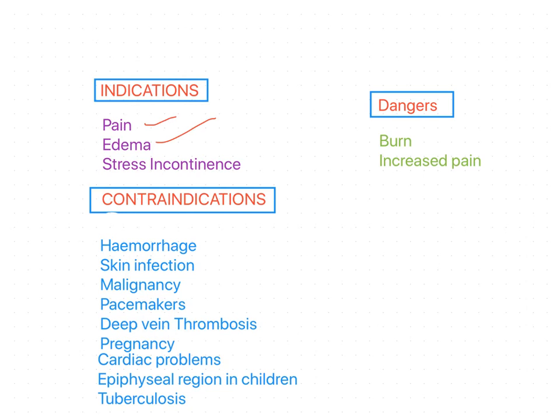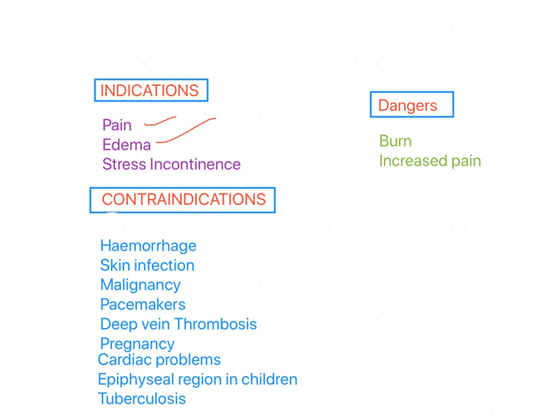Okay, so these are the indications for the IFT. Okay, so in the treatment of stress incontinence, it is possible by placing the electrodes on the lower abdomen and inner thigh to produce a good strong contraction of the pelvic floor. This may be far more comfortable than Faradic stimulation using an internal vaginal or rectal electrode.